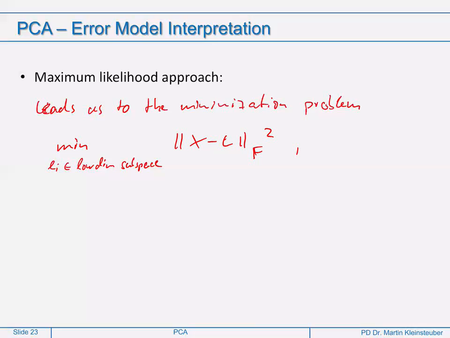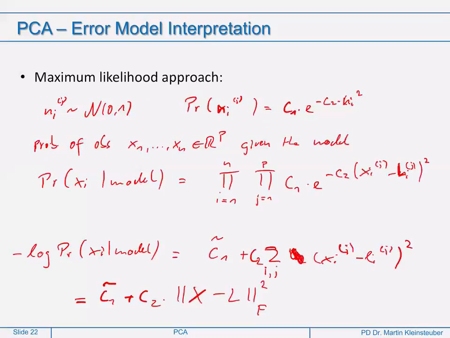So I guess here we wanted to have the probability of all the observations given the model, not the observation xi. Yes, exactly. I mean, sorry, probability of xi, i is 1 to n. This is probably missing here.